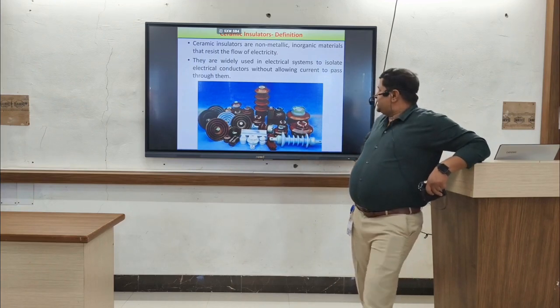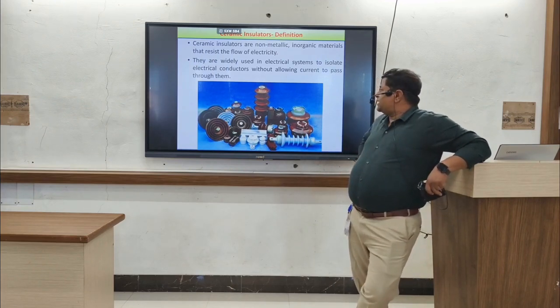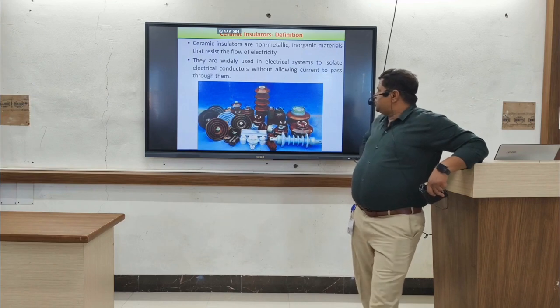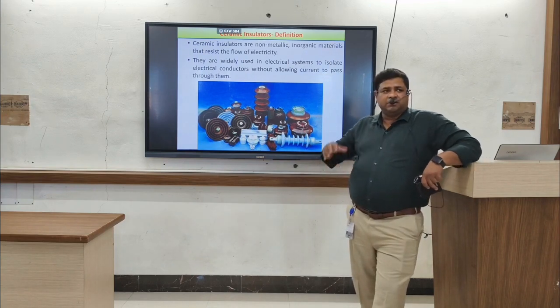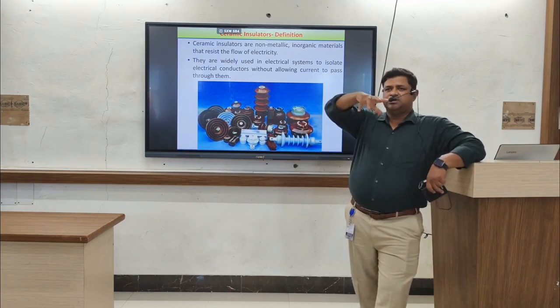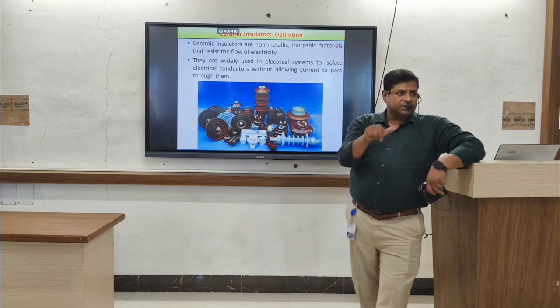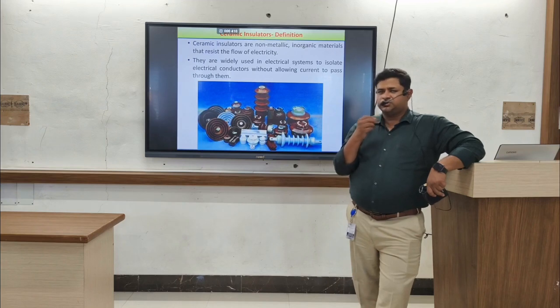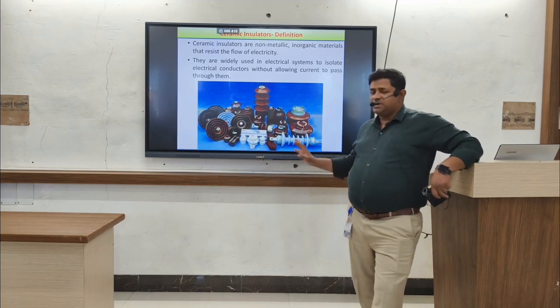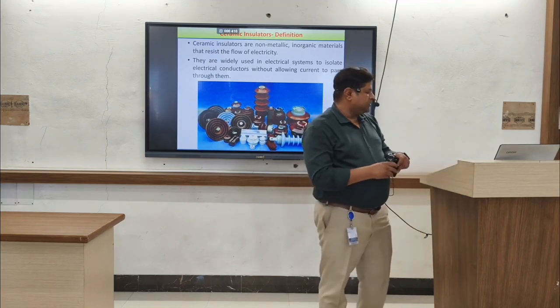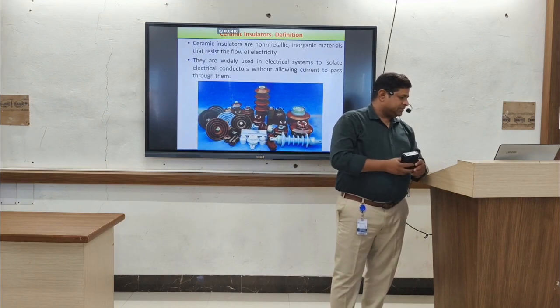They are widely used in electrical systems to isolate electrical conductors without allowing current to pass through them. The wire is kept on that insulator, and that is installed on the mild steel or whatever steel pole is there. For that purpose, these oxide insulators, ceramic insulators, can be used.